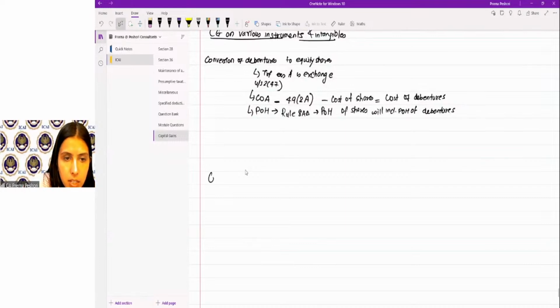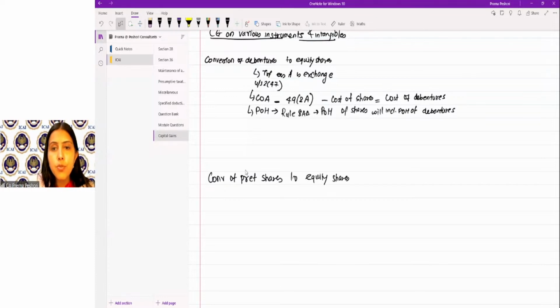Next is conversion of preference shares to equity shares. So again, conversion of preference shares to equity shares, this is a transfer under section 2(47), as this is an exchange. What will be the cost of acquisition? The cost of acquisition is under section 49(1).